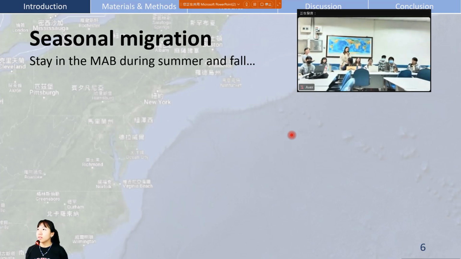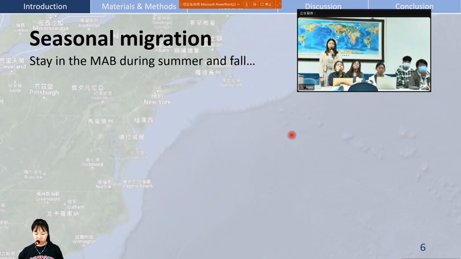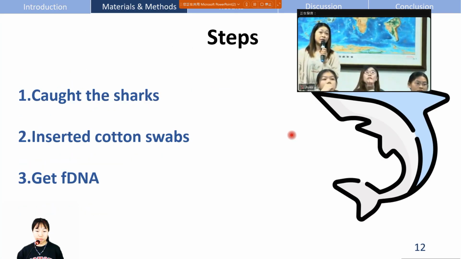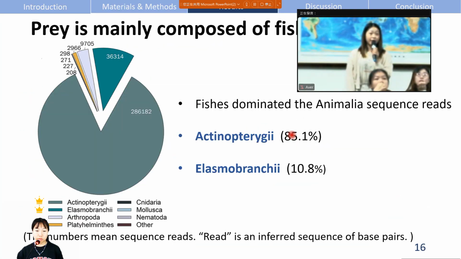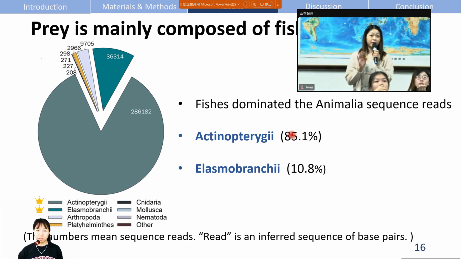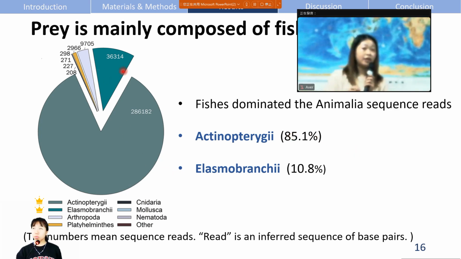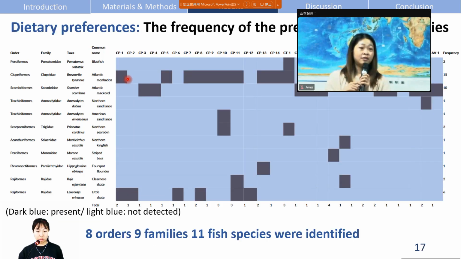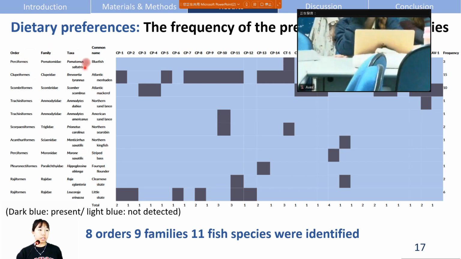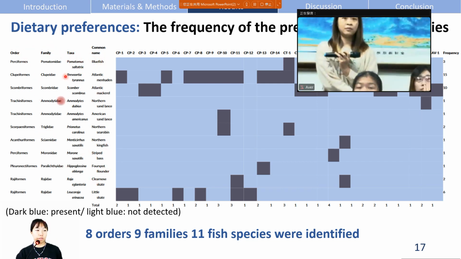I think it's on page 16. There's a graph. I don't understand what the dark blue means. You mean this one and this one? 17, sorry, 17. Okay. Here is the prey, the species of the prey.